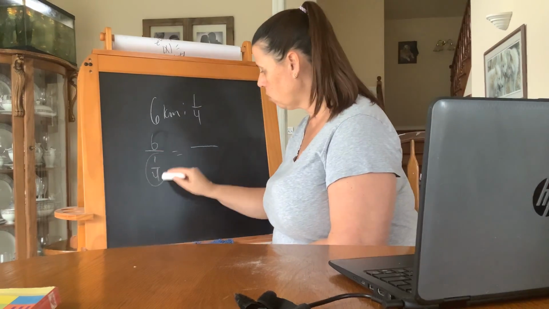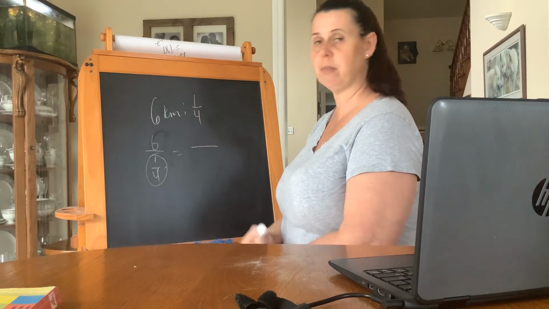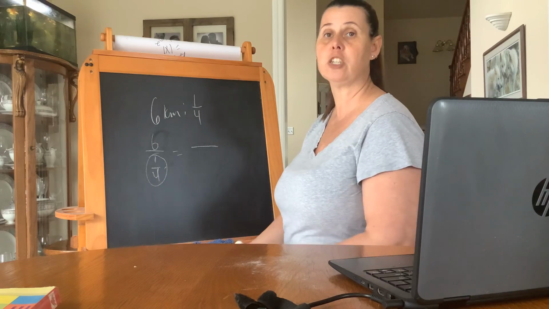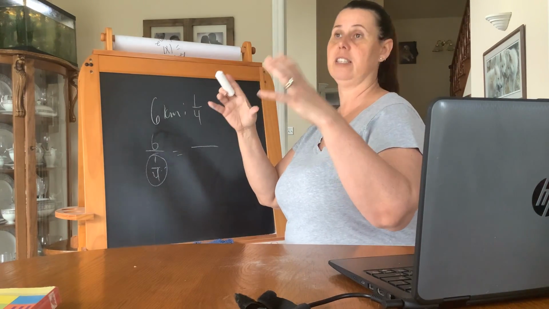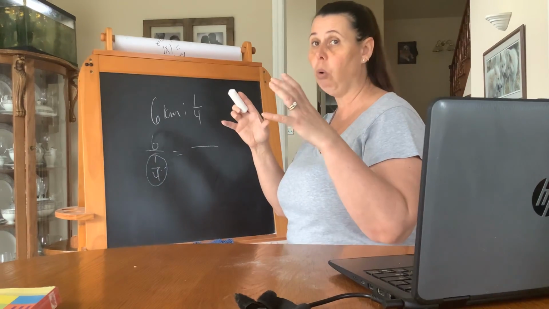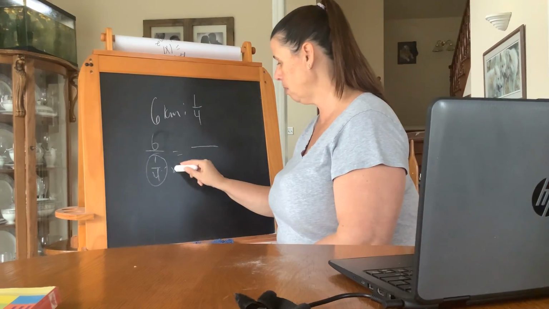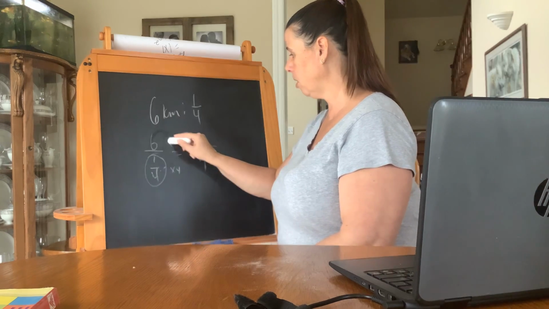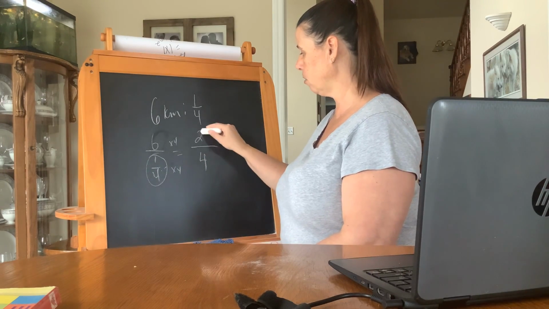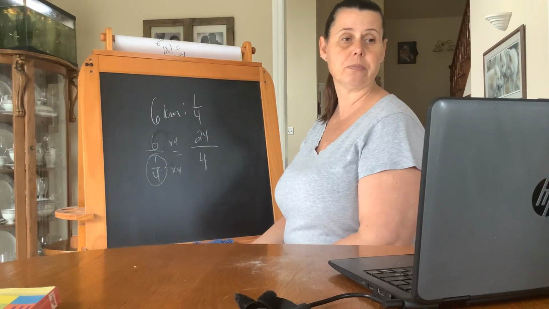So how many quarters? What do we have to times this by to make it whole? How many quarters make 1? If the pie is cut into 4 slices, how many slices do you have for the whole thing? So I'm going to times that by 4. That gives me the whole, right? But whatever I do to the bottom, I got to do to the top. So that gives me 24 over 4, right?